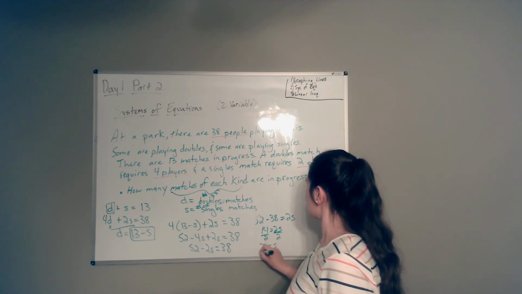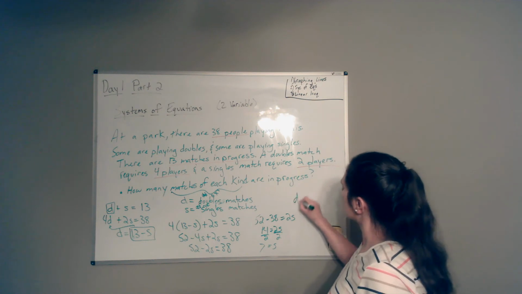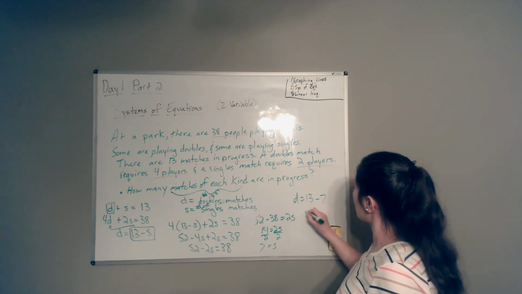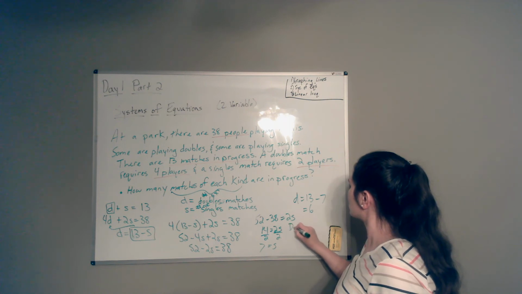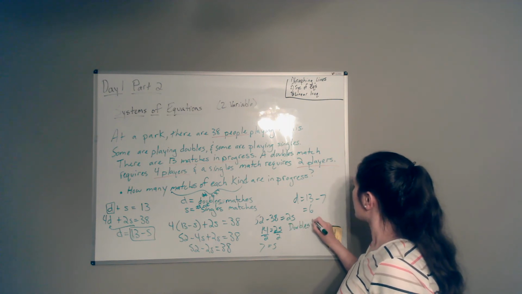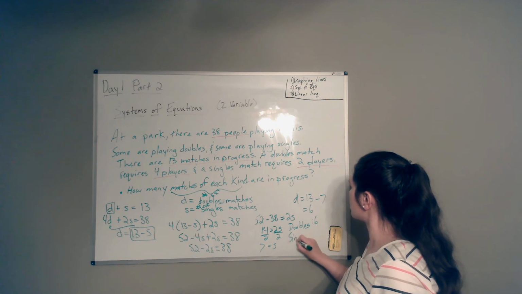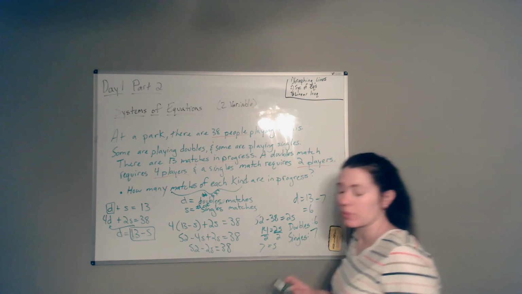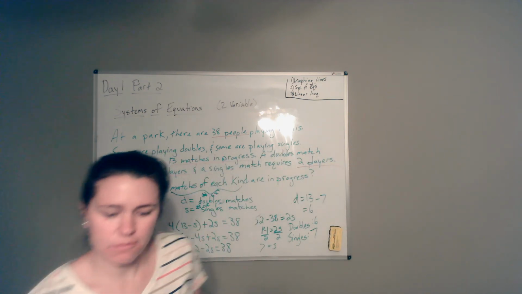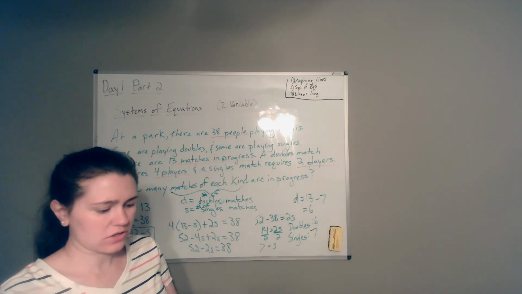S equals 7. Now plug that in. D equals 13 minus 7. That is 6. So the number of doubles matches is 6, and the number of singles matches is 7. Okay? And so that is it for systems of equations.